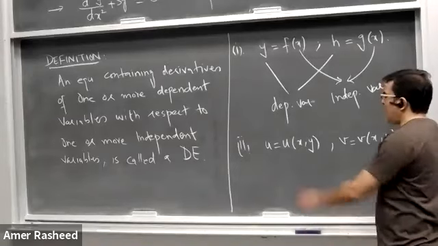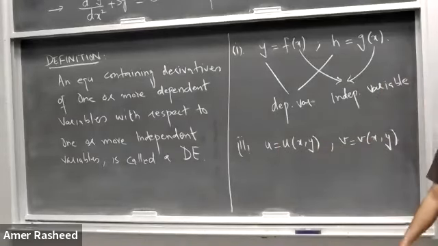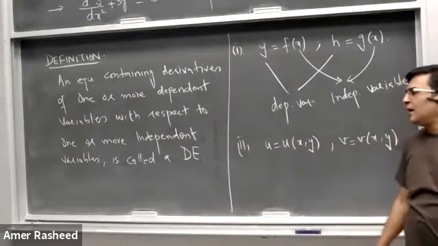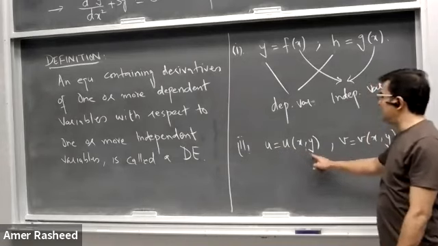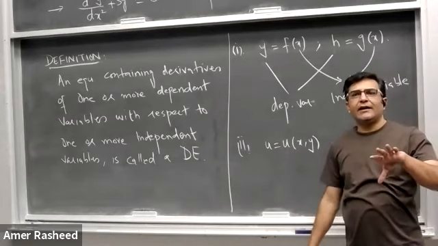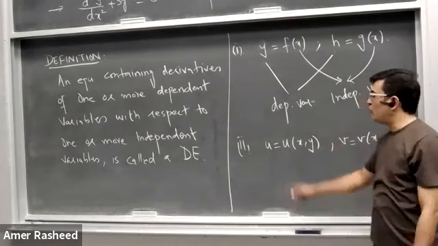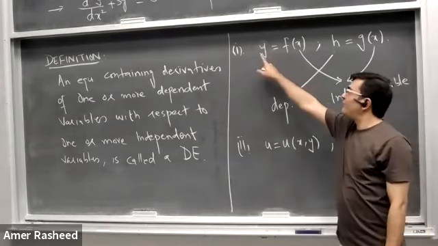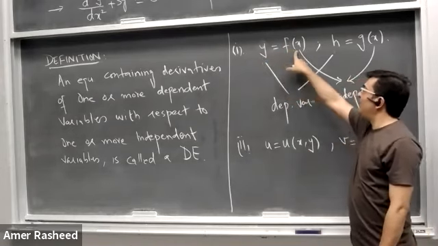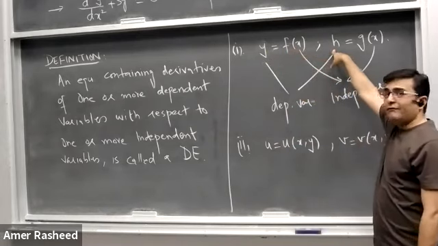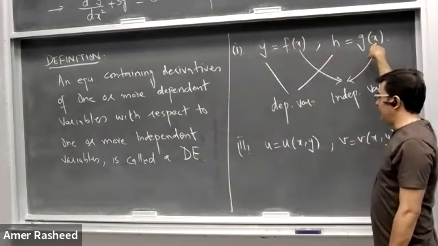Now, we still have two dependent variables, u and v. u and v are dependent variables, and x and y are two independent variables in one function.